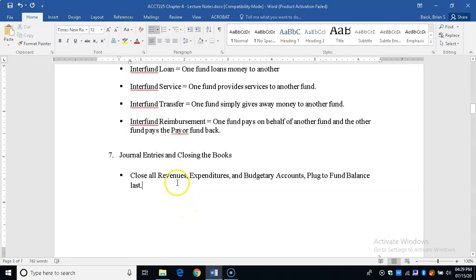That means you close out all of your revenue, expenditure, and budgetary accounts. In financial accounting, usually you plug to income summary or retained earnings. In governmental accounting, we're going to plug to fund balance. Plug just means use that account to make the journal entry work. Use the account to make everything fit together.